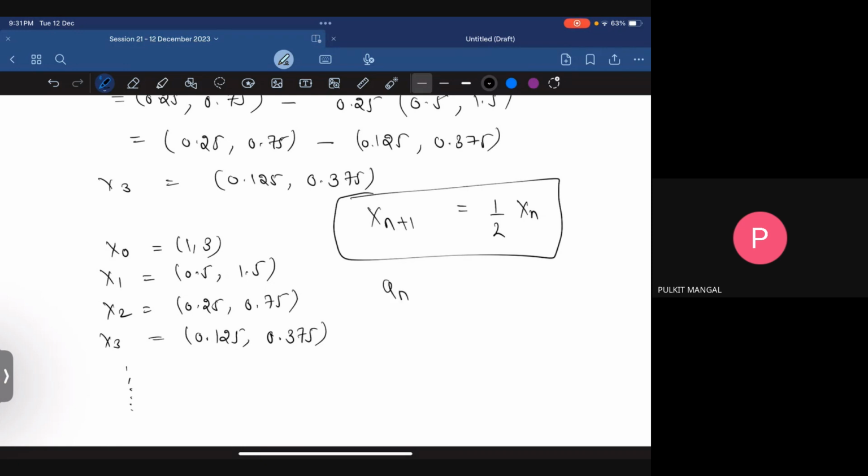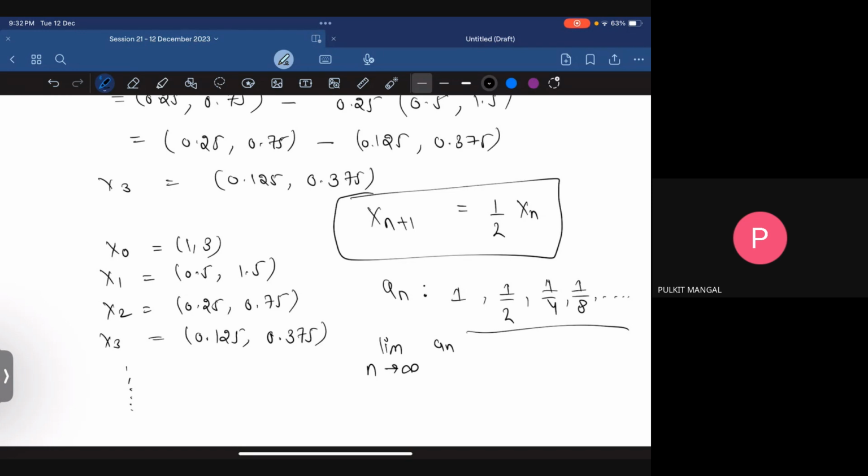Now, if I have a sequence where my first term is n, second is n by 2, third is n by 4, fourth is n by 8, like this, and I told you to find the limit of the nth term as n tends to infinity, what would be the limit? Let's consider this n to be 1.